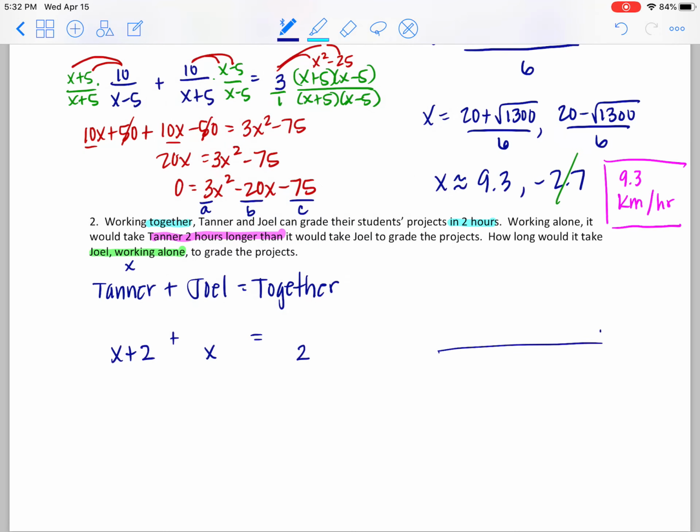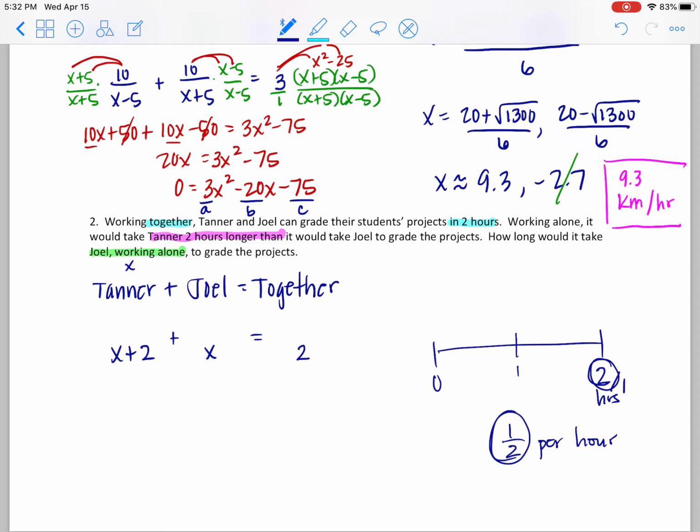No. Remember what we had to do was convert each of these amounts to a rate, and for instance, the 2 hours they take together, right? If they took 2 hours to grade these projects, in one of the hours they would have done half of the job. So a 2-hour time limit is half of the job per hour, right?